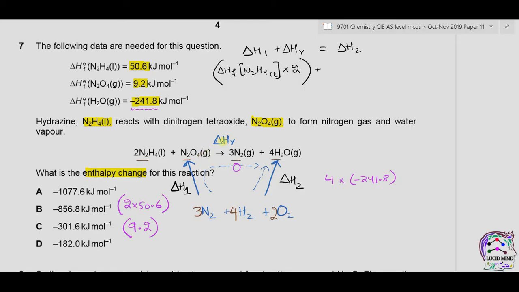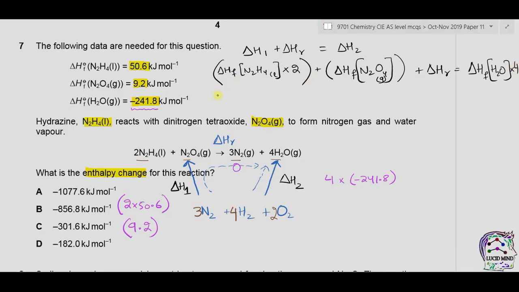Also we have N2O4 being formed, so we can write enthalpy change of formation of N2O4 gas plus delta HR equals enthalpy change of formation of water. Multiply by 4.